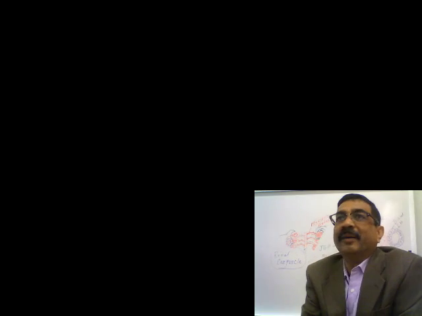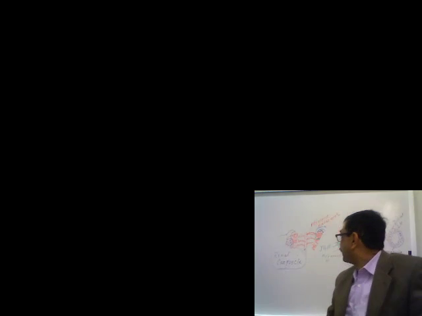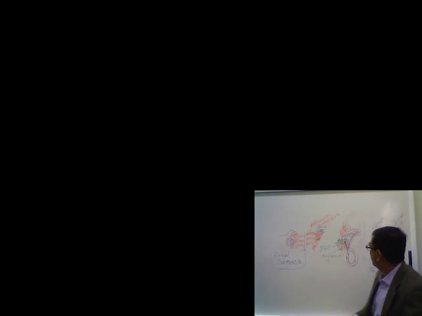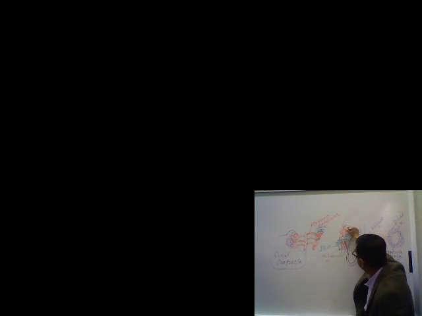Filtration membrane, through which the filtration occurs. We know that filtration occurs here already, right, from the glomerulus to the nephron. So this is the filtration. Now you can easily tell that when the fluid gets out from the blood capillary and enters into the nephron, which membranes the fluid has to cross.